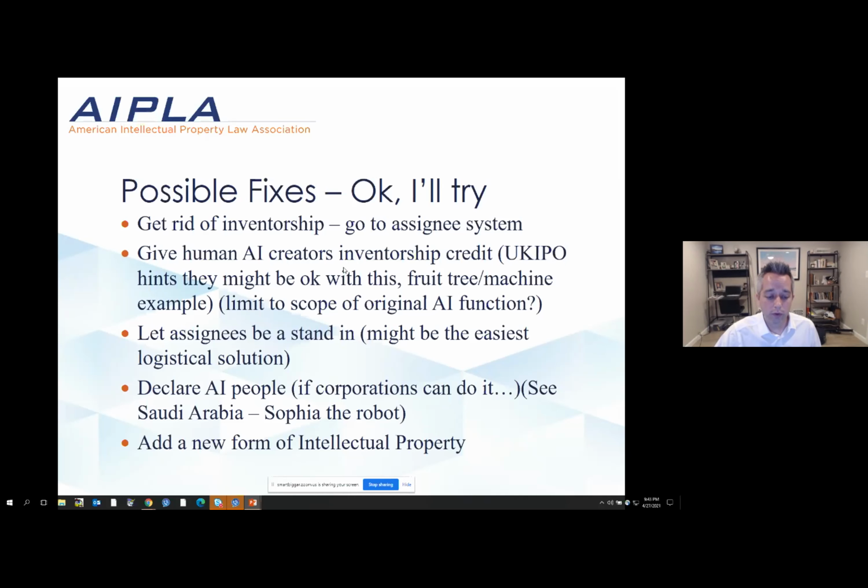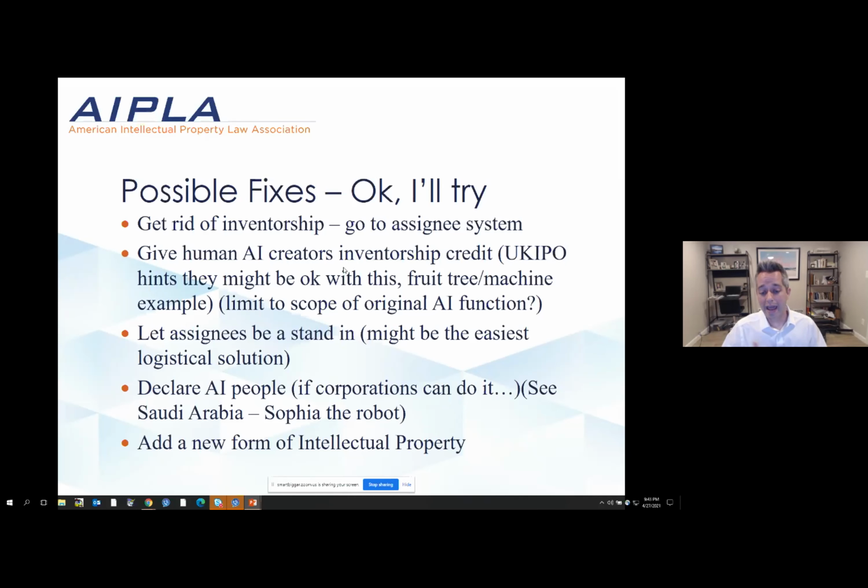But the last one that I want to mention that's been sort of kicking around and maybe gaining some traction amongst some is to just add a brand new form of intellectual property. So we just throw up our hands and say, look, the current framework is not great for AI inventors, but we see that we need to do this somehow.